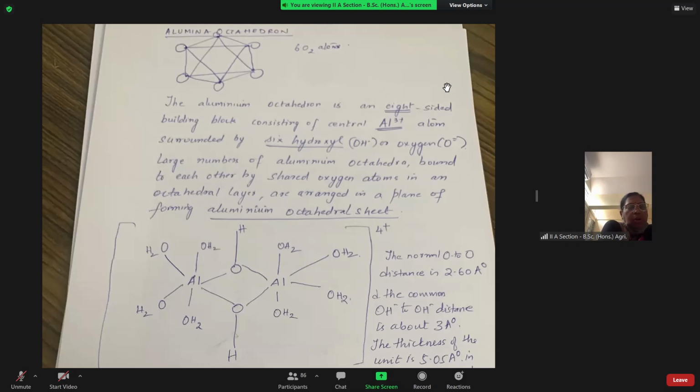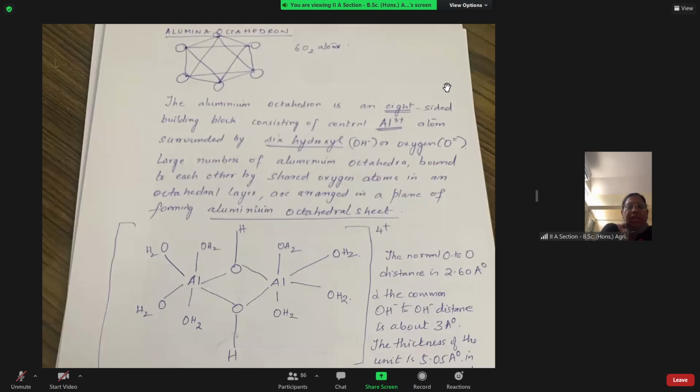So the normal oxygen to oxygen distance is about 2.60 angstrom unit, and the common hydroxyl to hydroxyl distance is about 3 angstrom unit, like this. So the thickness of the unit is about 5.05 angstrom unit in the clay mineral structure.